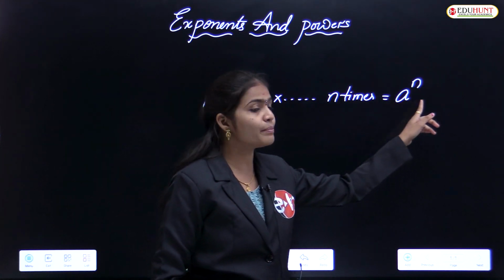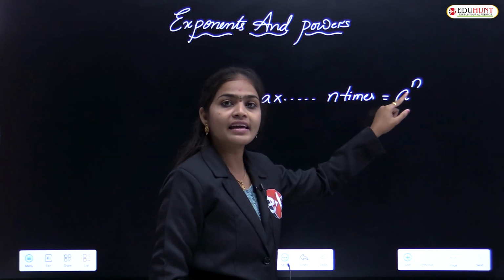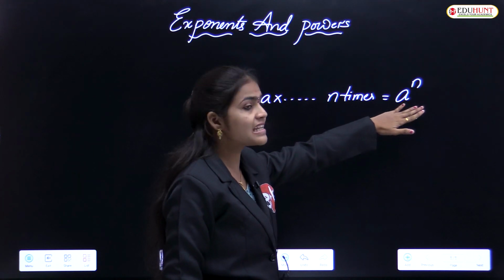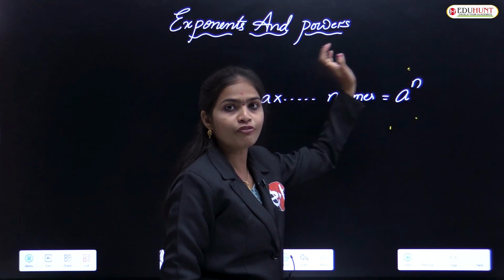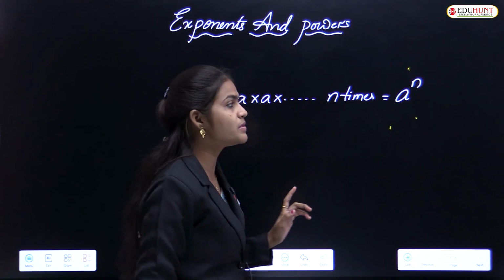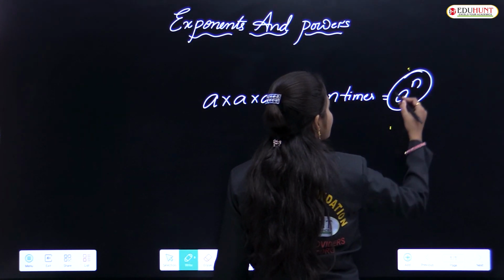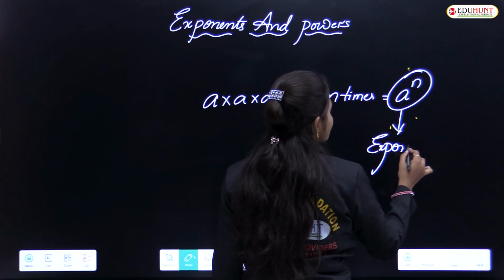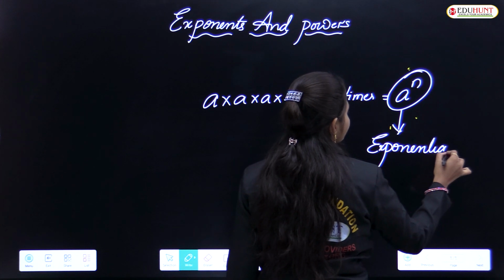Why? Because a power n means a is the number, and that number is multiplied by itself n number of times. We call this the exponential form.